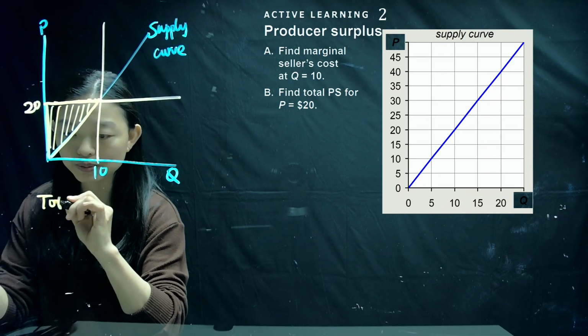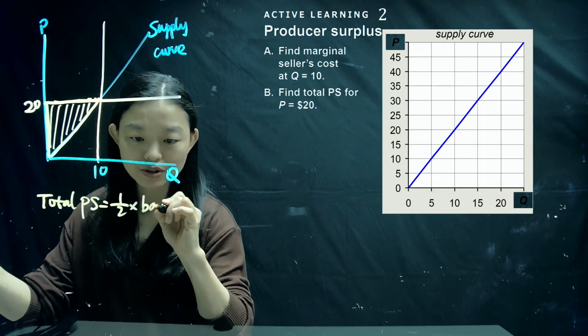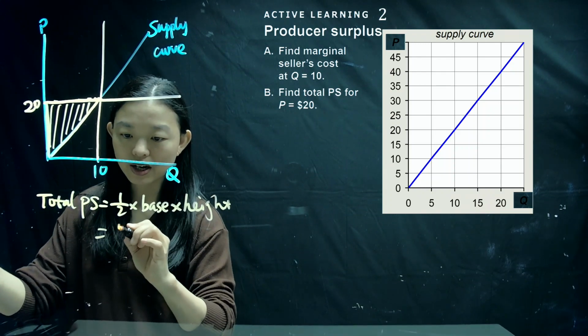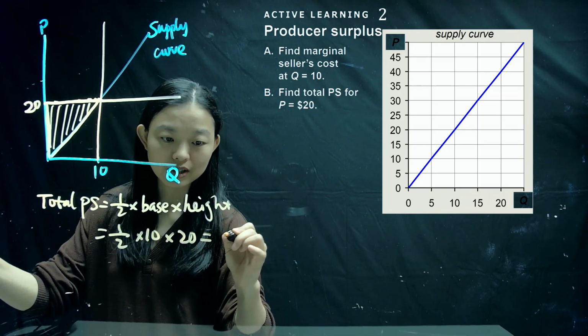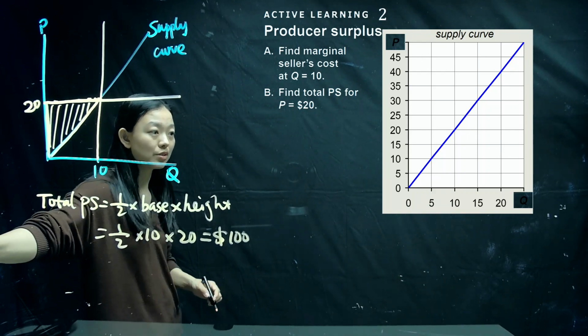So you can see the total producer surplus will equal half times base times height, right? In this case, the base equals 10 and the height equals 20. So the total producer surplus will equal $100.